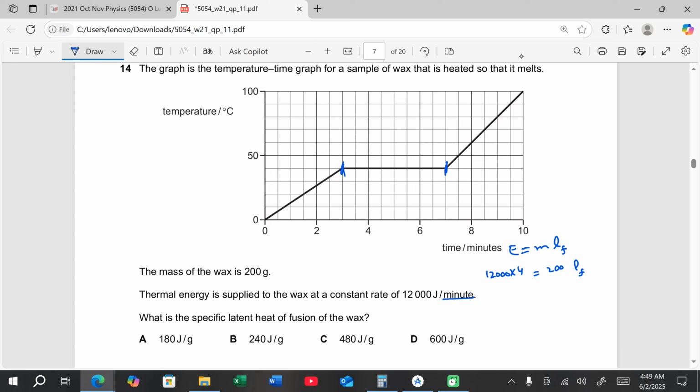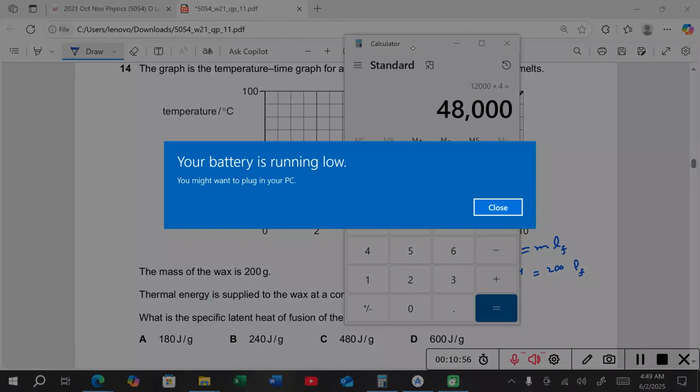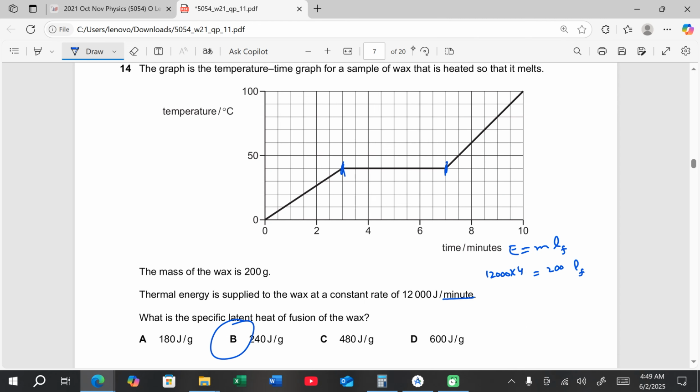So it is 12,000 times 4 divided by 200. So it's 240. That is your answer. Just give me a second, let me put my choice.